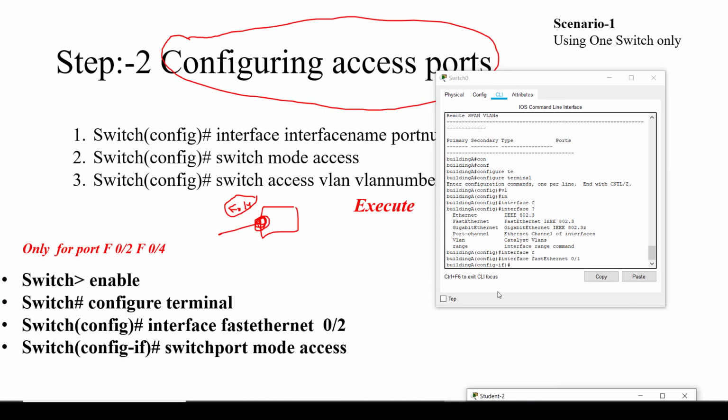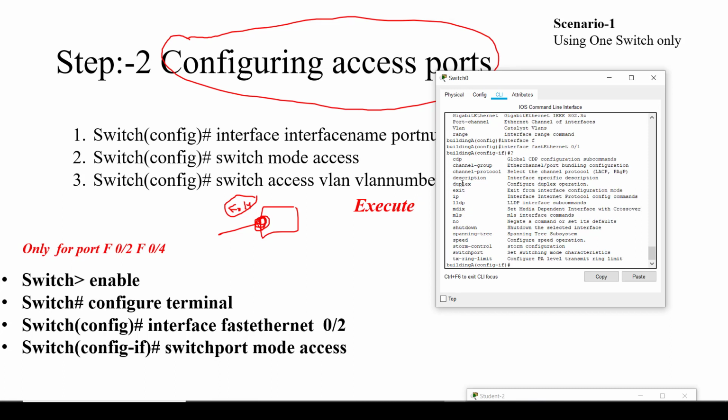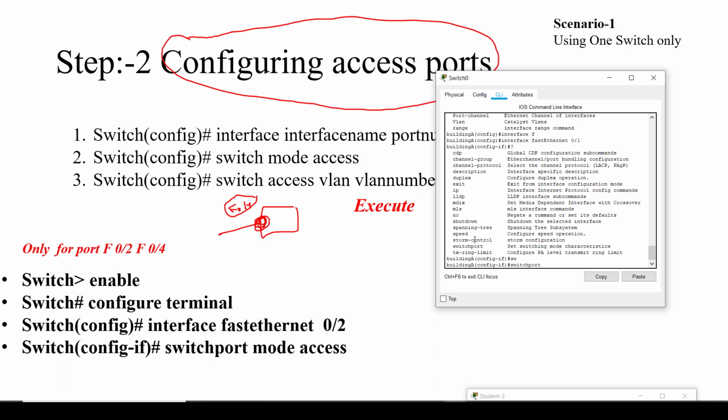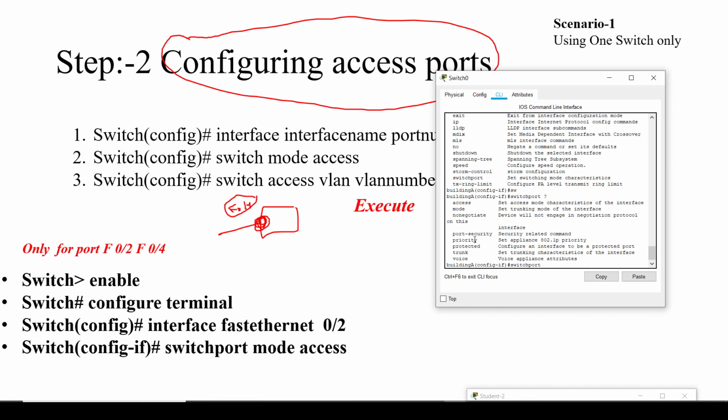Now you can see the list of commands you can perform on this specific port. But now we are going to switch that port, so type switchport. There are two types of mode: you can do access mode or trunk mode.